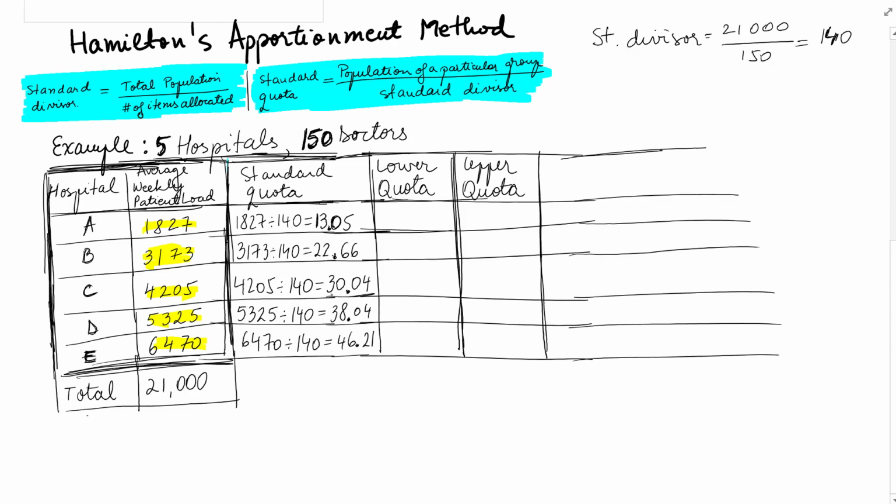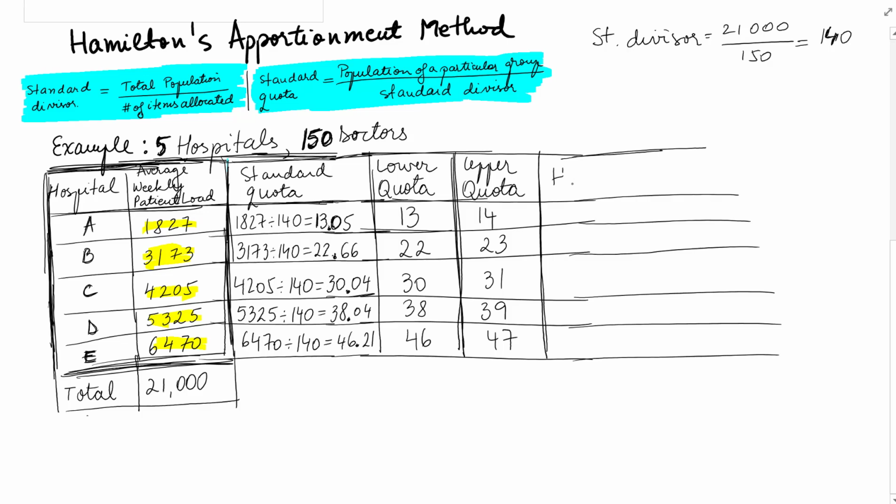So 13.05, it's between 13 and 14. So the lower quota is 13 and upper quota is 14. In other words, I rounded down 13.05 and then I rounded it up. And then 22.66 is between 22 and 23. 30.04 is between 30 and 31. 38.04 is between 38 and 39. 46.21 is between 46 and 47. So we found the lower quota and upper quota.